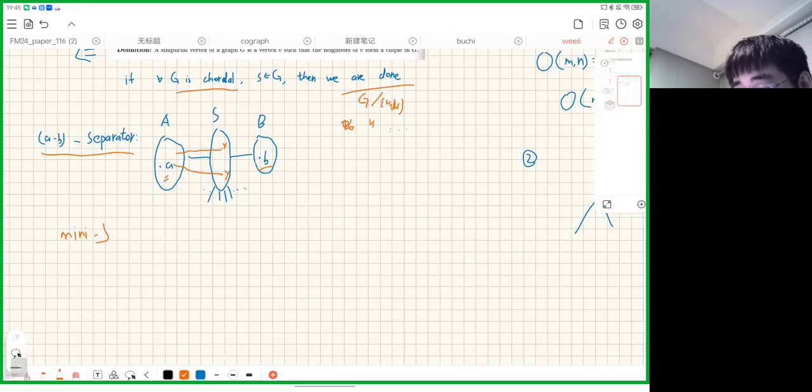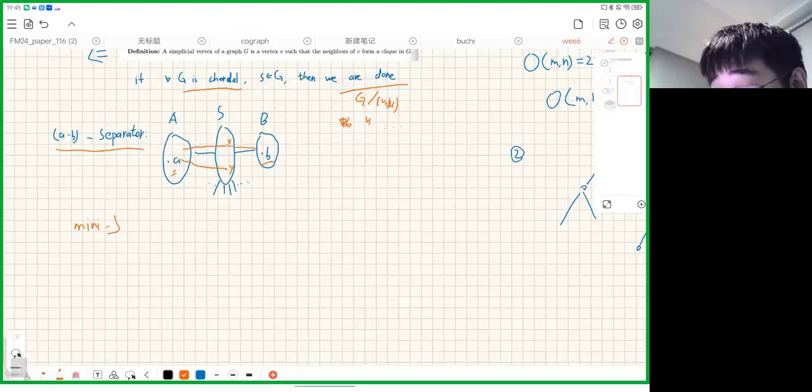Because otherwise, we can remove this vertex and the separator is still there. So for a minimal separator, the vertices X and Y should both be neighbors of A and B. Then you see what happened? There's no edge between X and Y. So the cycle from X through something inside A to Y and through something inside B should be a cycle of length at least 4.